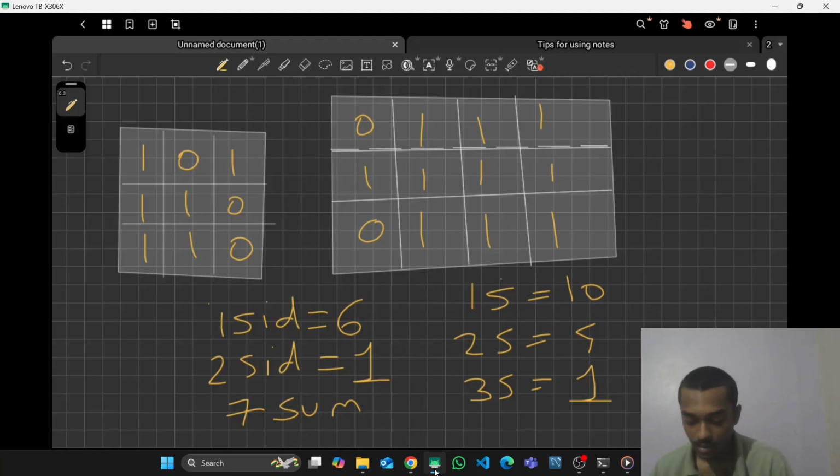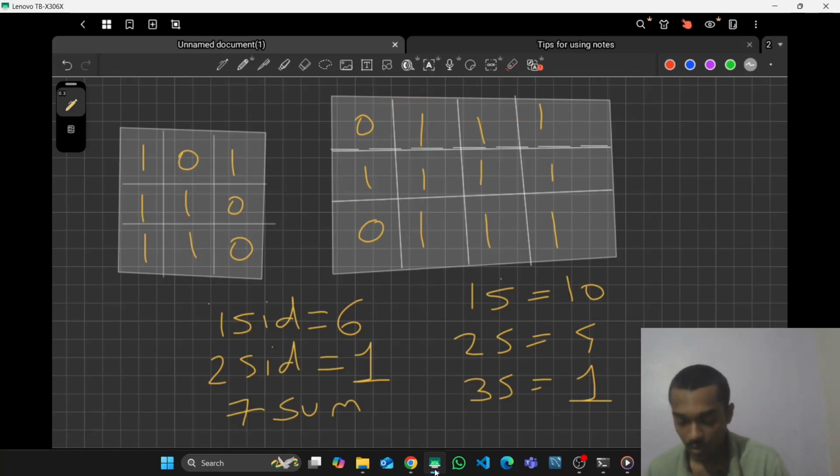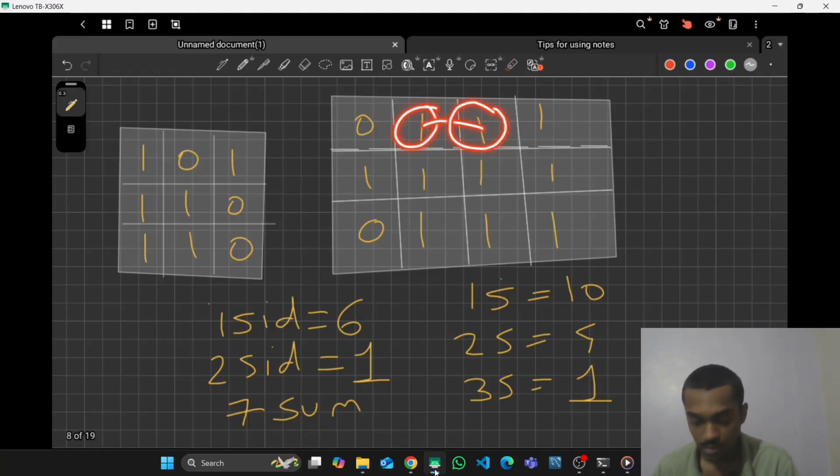For the brute force of this question, you can go to every cell and ask how many submatrices it can form. For the next cell, it will say yes, we have one here, one here, one here.